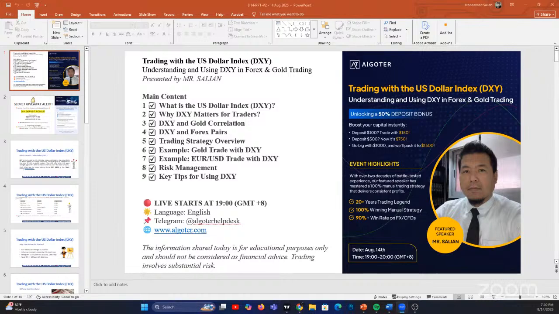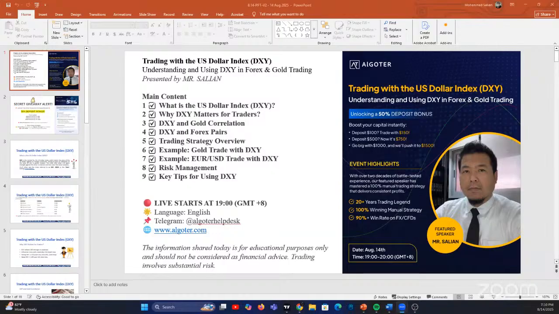If DXY goes up, will gold go down or will it go up? And DXY against the forex pairs, you can also use this. All right, then trading strategy and some examples.